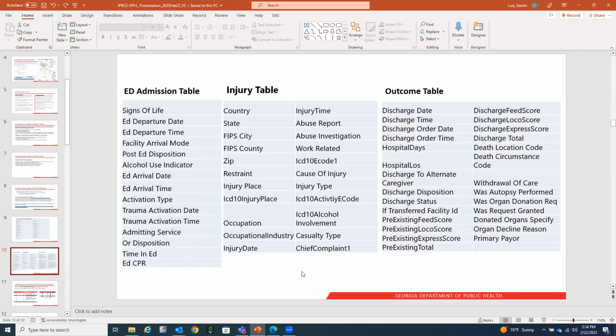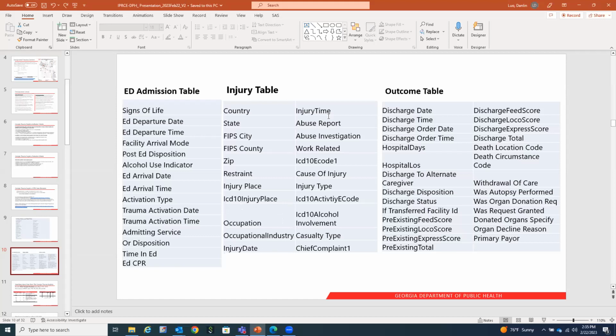In the middle is the injury table data elements. So we can find the injury country, state, city, county, zip, restraint, injury place, injury ICD-10 place, and occupation industry.